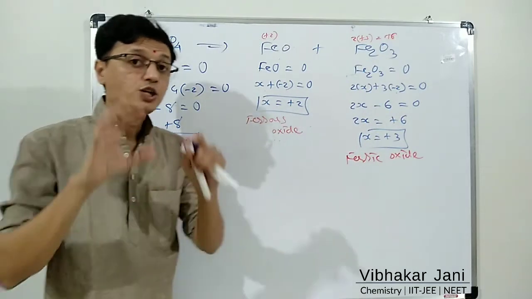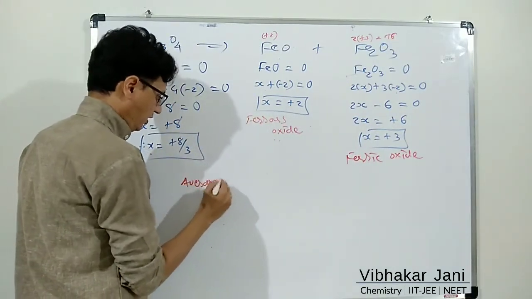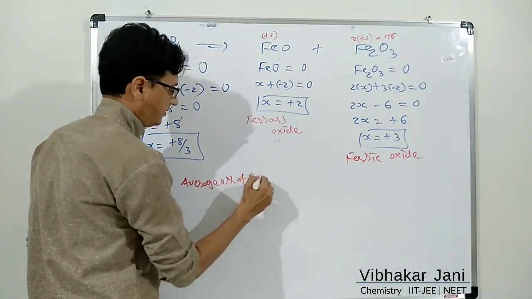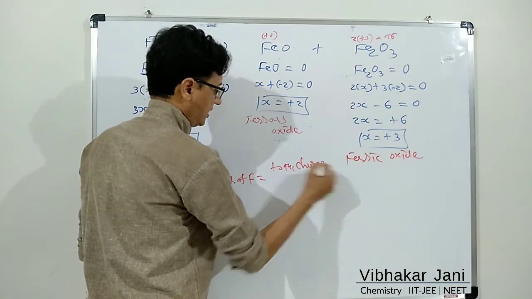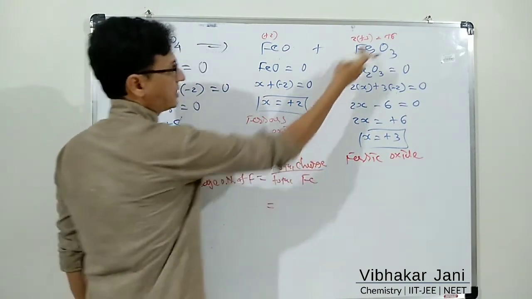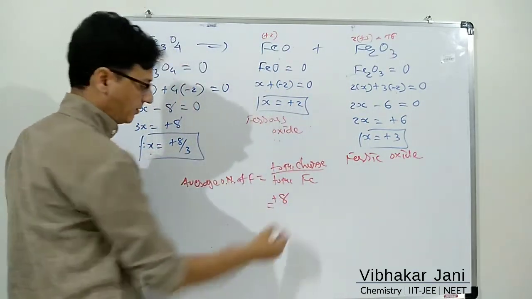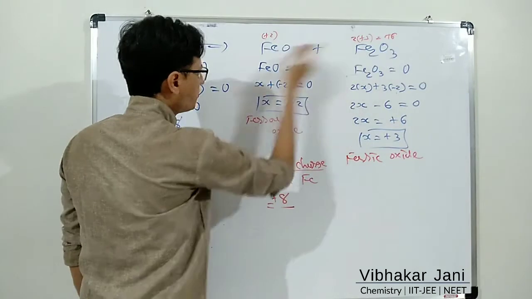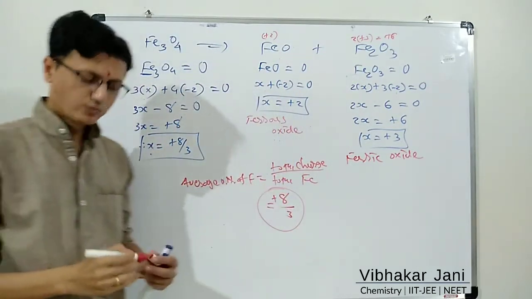So the average oxidation number of Fe is equal to total charge divided by total Fe. Now total charge is 6 plus 2, that is 8, divided by total number of Fe, 2 plus 1, that is 3.